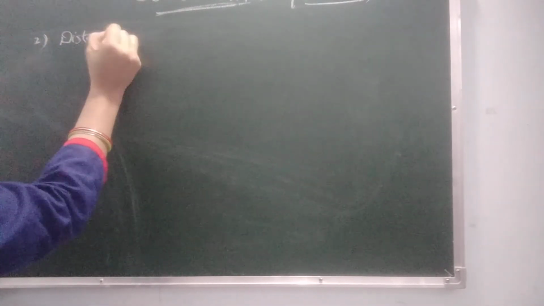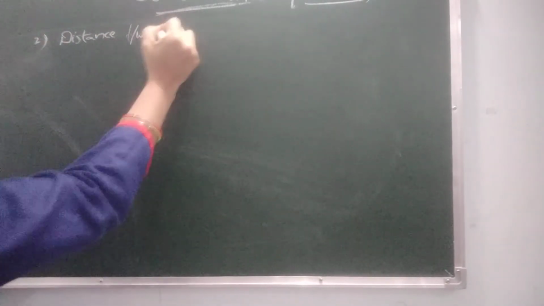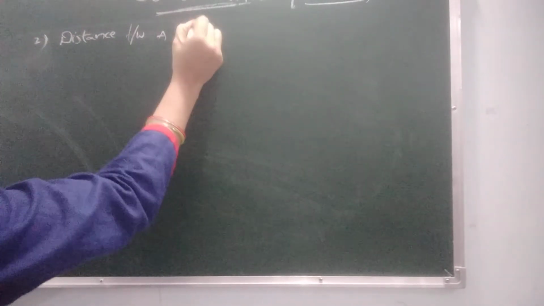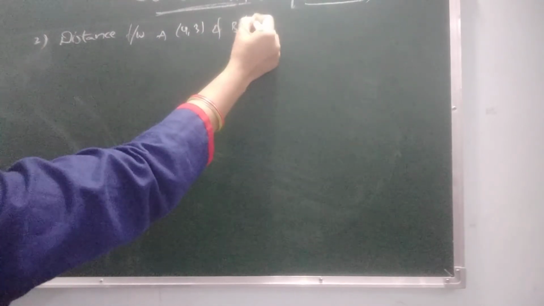Okay, our next question is: find the distance between two points, that is A of 4, 3 and B of 8, 6.